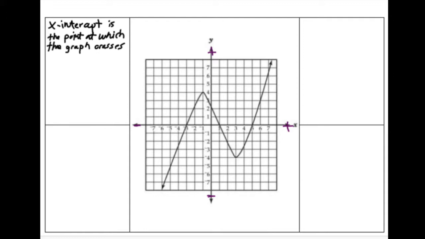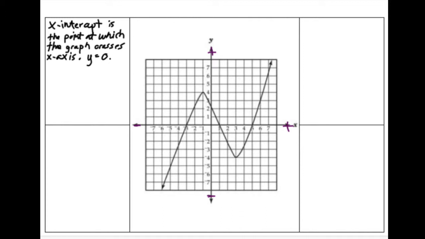That makes the most sense. When you're intercepting x, that's when you cross the x-axis. At this point, y is equal to 0. Because when you think about your coordinate points, if you're actually on the x-axis, then you haven't gone up or down. You haven't gone any direction vertically, any value. So you're still on 0 for y.